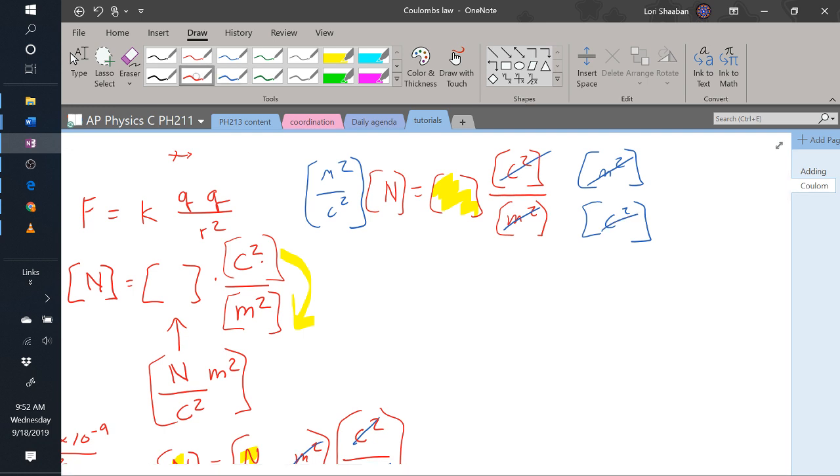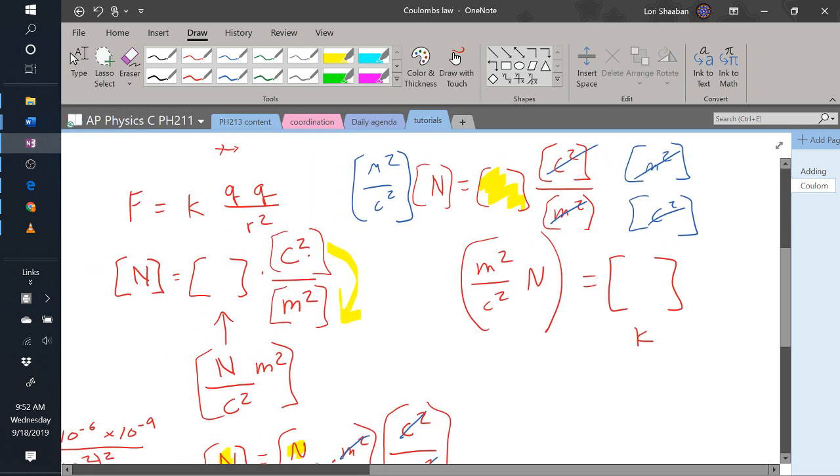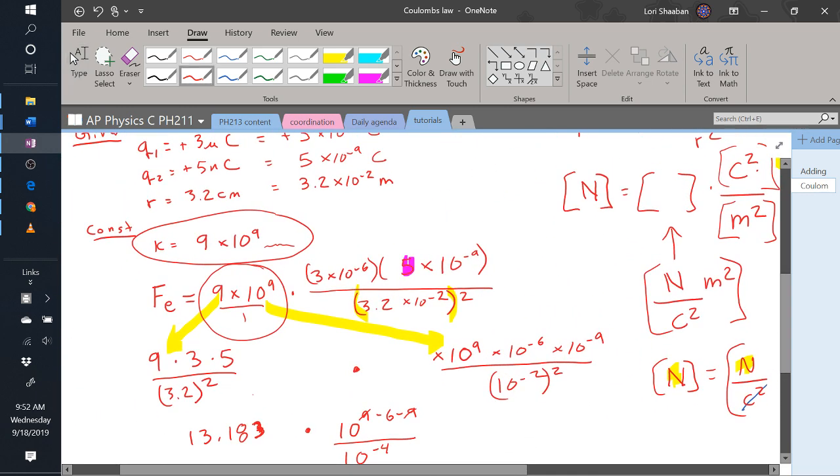You get meters squared divided by coulombs squared times newtons. And that is what the units for K are. You do not need to memorize that, but it does help to play around with the values. We'll play around with it more in class. So we had newtons meters squared per coulomb squared.